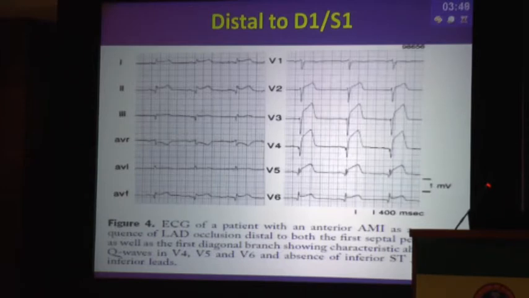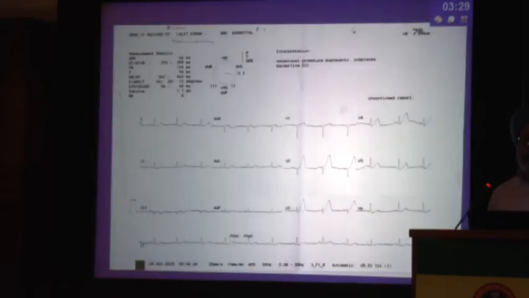We normally ignore the inferior leads in an anterior infarct. But lack of ST depression in inferior leads is a characteristic parameter, along with abnormal Q waves and absence of inferior ST depression. That's going to tell you that the axis of the ST is pointing downwards.